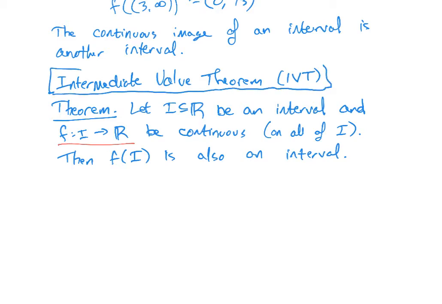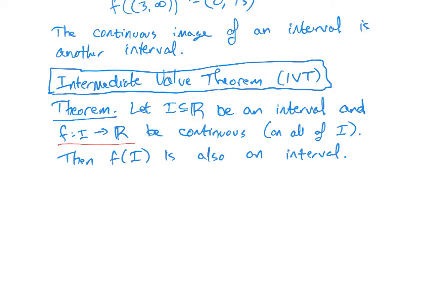Now, in Calc 1, you did not see it written the way I've written it. Think about what you remember about the intermediate value theorem. It says, if a continuous function takes on a value, and then takes on another value, then in between it took on all the values in between.